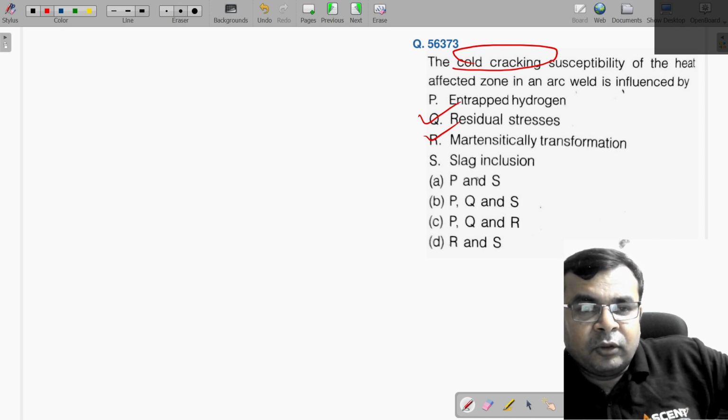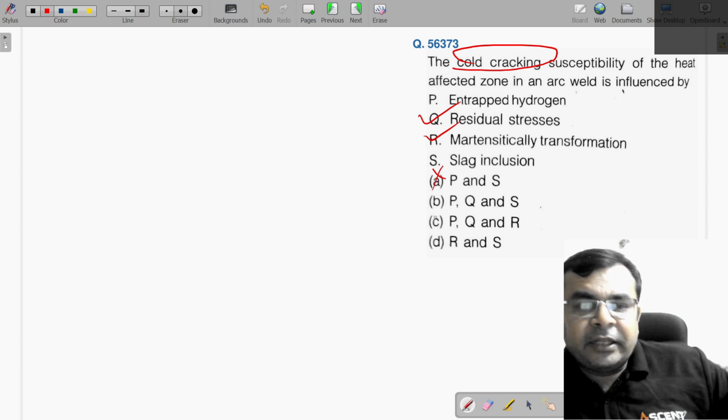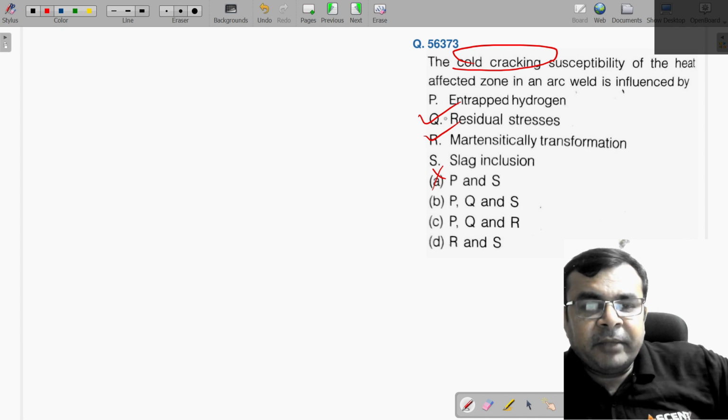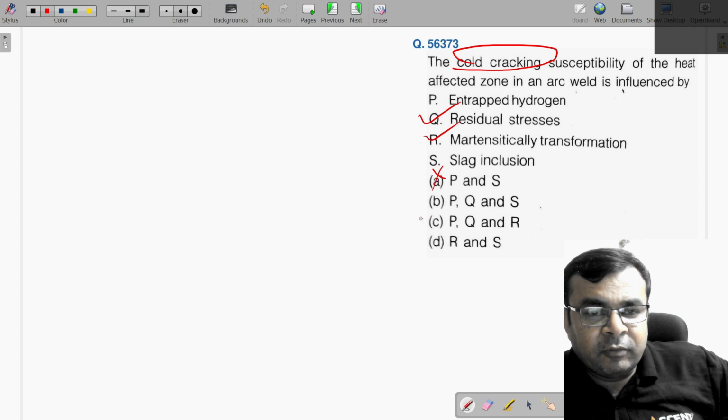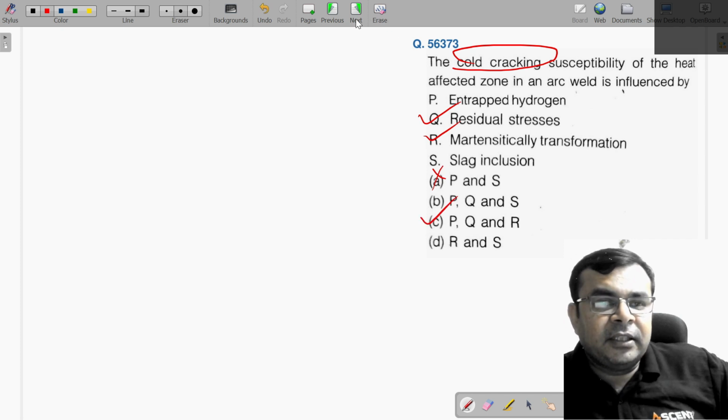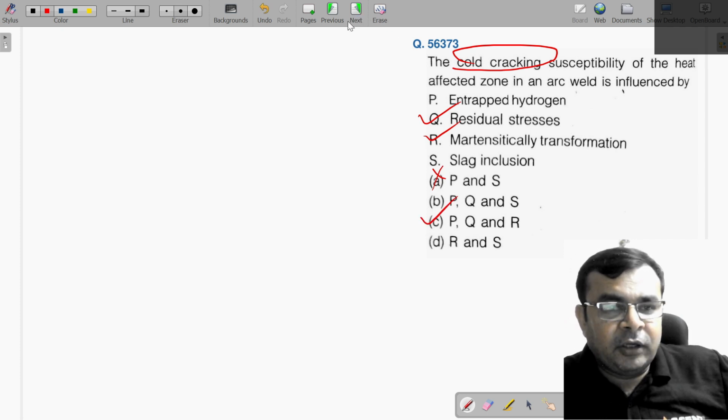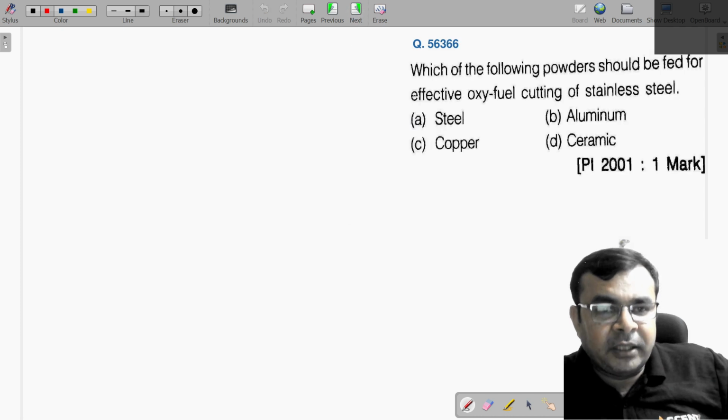P and S is not the correct answer. R and S, martensitic transformation, no. Actually only these two are the main parameters. So if I select Q and R along with P, option C is the appropriate answer, not exactly correct.